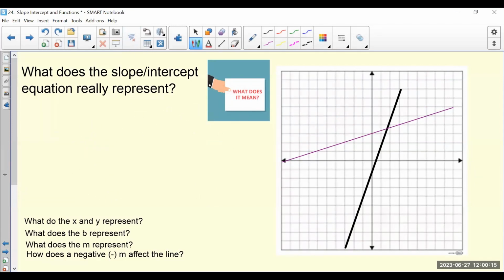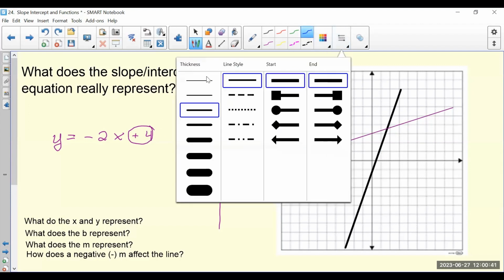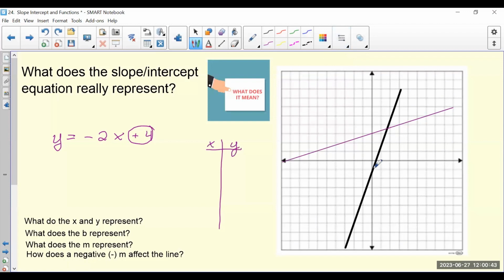So we're going to do an equation. Y equals negative 2x plus, we're just going to keep it simple, plus 4. Okay. We're going to do the same thing here. Set up our x and our y input outputs. Now we already know this is going to go through at positive 4. So let's change to a new color. 1, 2, 3, 4.